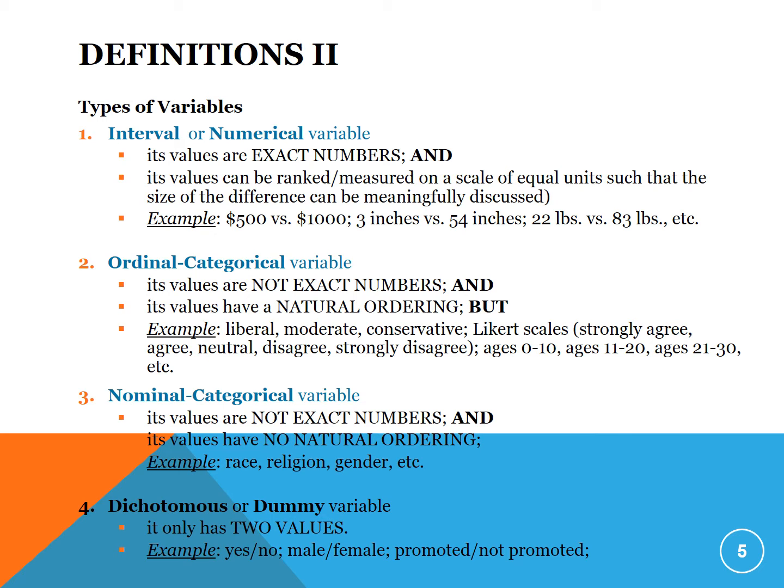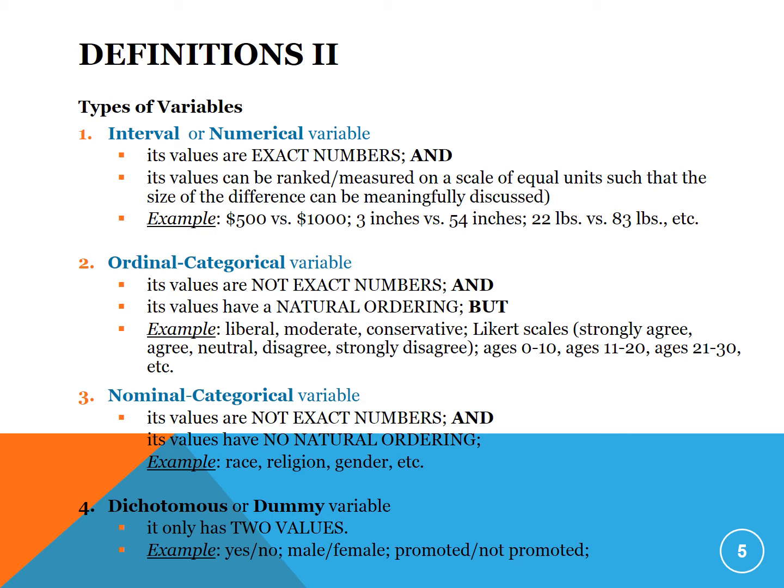We can see that age has categories, 0 to 10. The survey may have asked, "What is your age? Select from the categories below." That variable would be categorical and ordinal because there is order to it. Age definitely has order. We know that 38 is higher than 28, than 18.